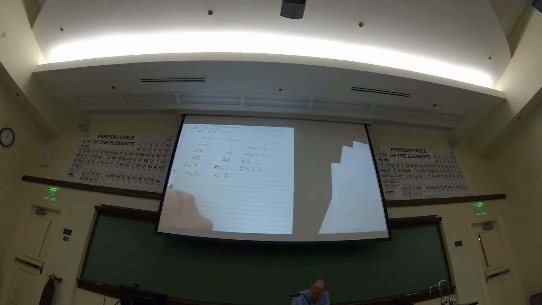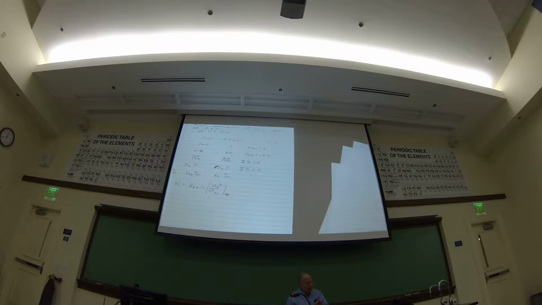So what would the equilibrium constant be? K is equal to Q at equilibrium, which for this reaction is equal to the activity of I squared over the activity of I2 at equilibrium. Now notice, equilibrium constants are always dimensionless.